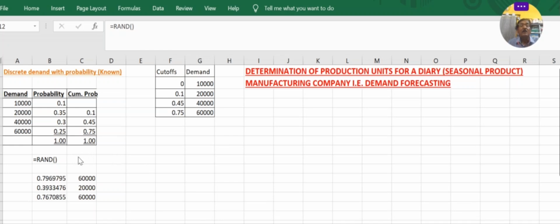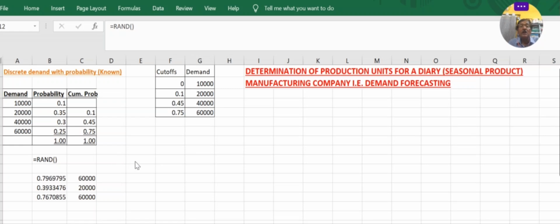If in any cell you write the formula equal to RAND, then the random number will be shown. And it is automatically developed, and as the electronic sheet is connected, all cells are connected.